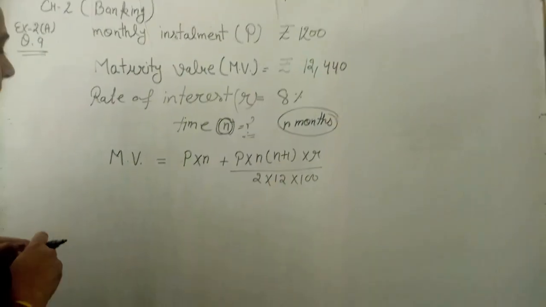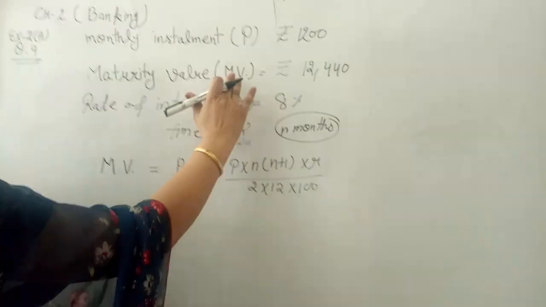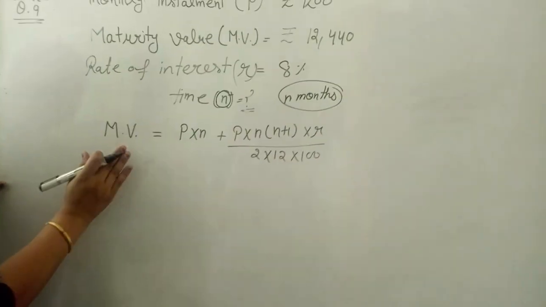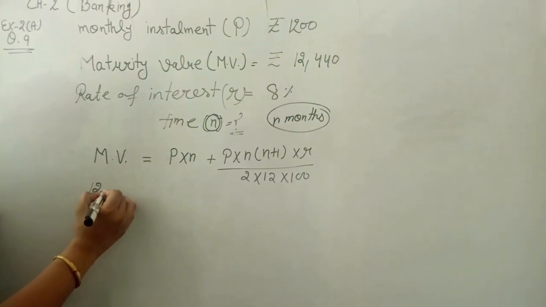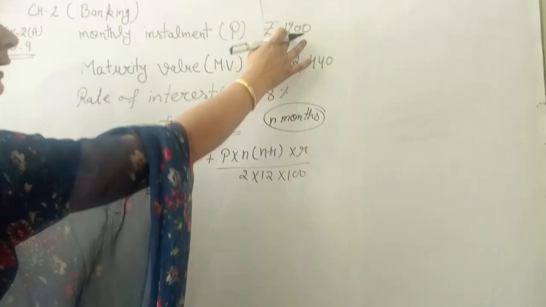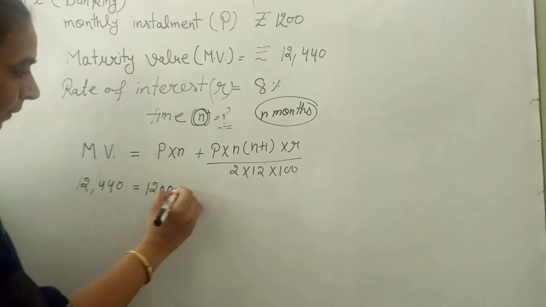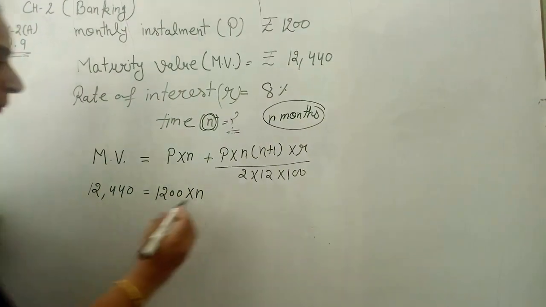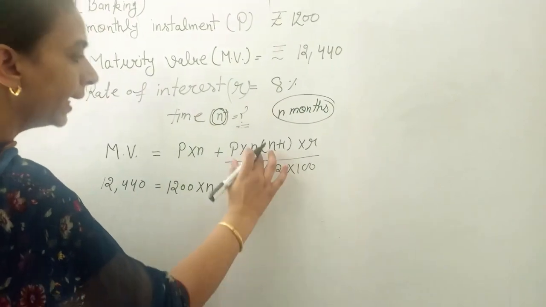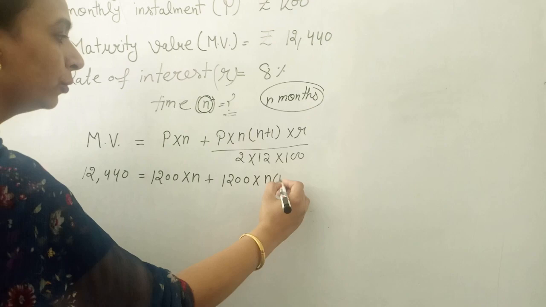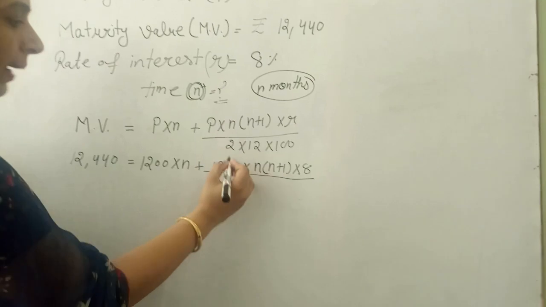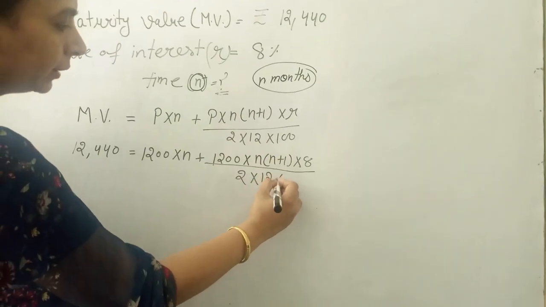Okay, maturity value equal to 12,440 rupees. Again, in place of P there is 1200 rupees. So 1200 multiplied by n as it is, plus 1200 multiplied by n into (n plus 1) into r, which is 8, divided by 2 into 12 into 100.